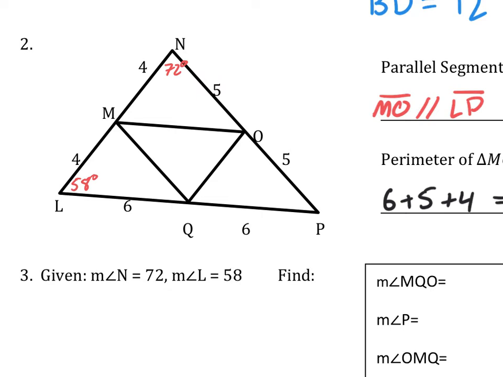So if angle L is 58 degrees, then angle NMO will also be 58, and so will angle OQP. Then all of our top angles were congruent. So if angle N is 72, then angle LMQ is also 72, and angle POQ is also 72.